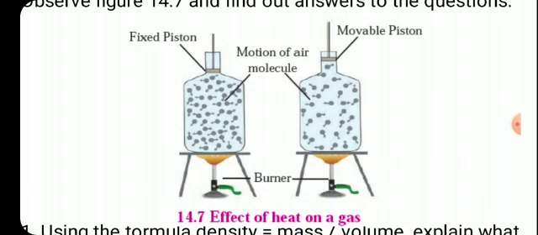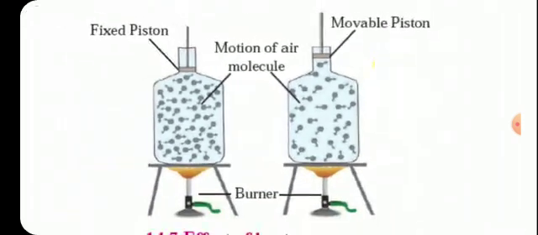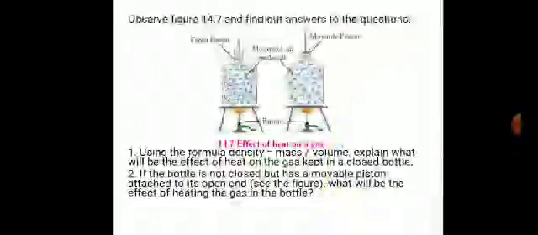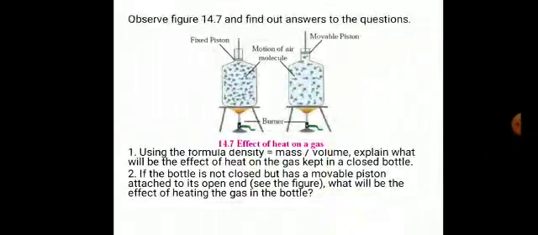And when heat is supplied, what will happen? The temperature will naturally increase, and therefore air will expand and the piston will move in upward direction. So here the volume is kept constant, but due to increase in pressure the piston will move in upward direction.